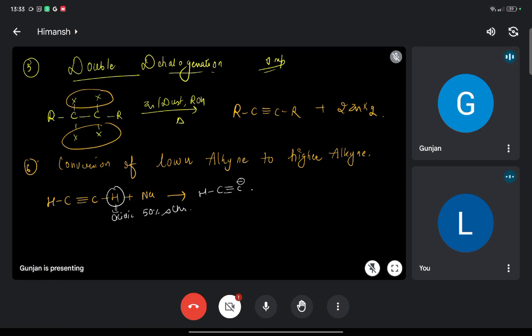We'll get a negative over here and a positive over here. This will further react with any alkyl halide. So we can tag this negative over to this R group and X will remove out. So H, C, triple bond C, R, and NaX will remove out. So you can clearly see that we have increased the carbon chain by this method. Right?